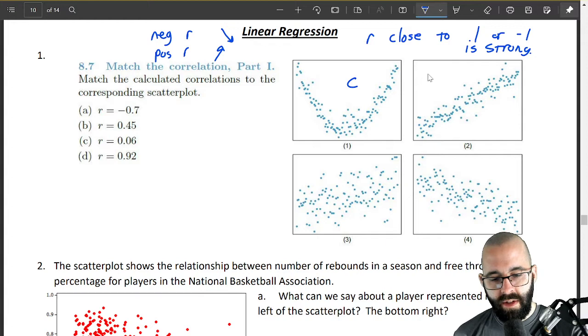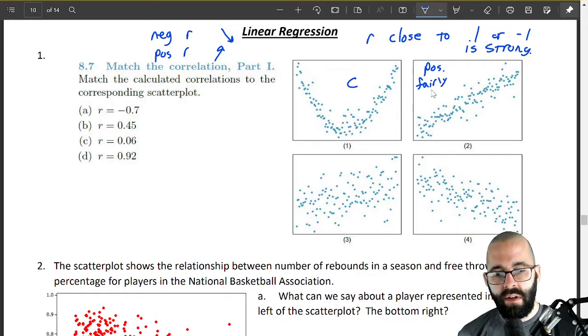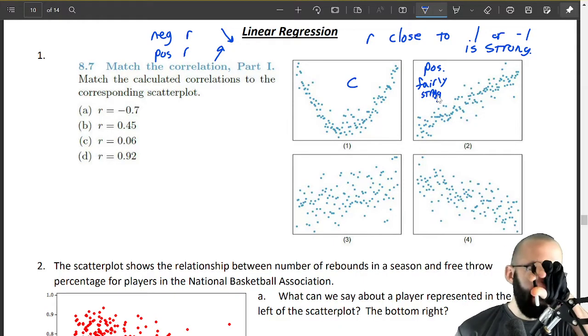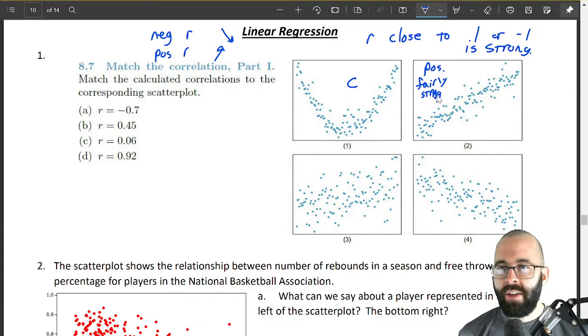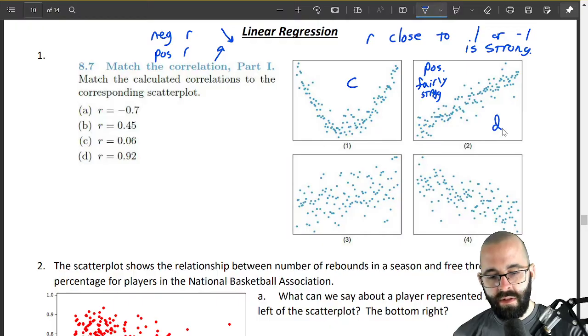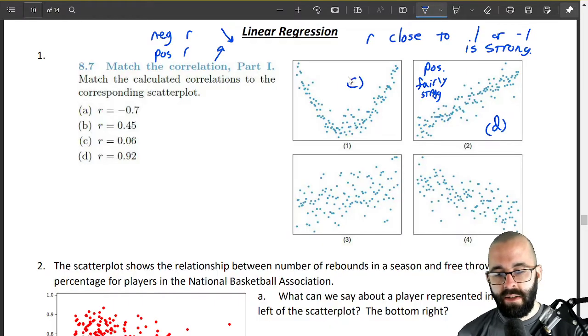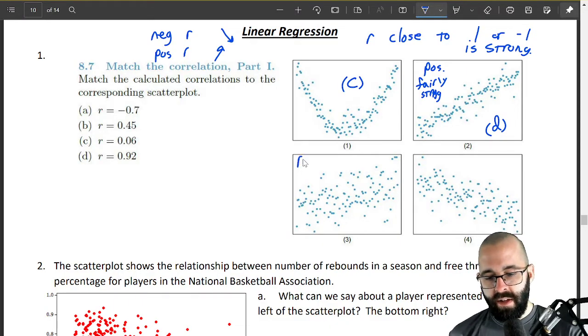2, this is positive and fairly strong. Look at our options, A, B, C, D. What's positive and mostly strong? D. Here, this is positive, but this is pretty weak.